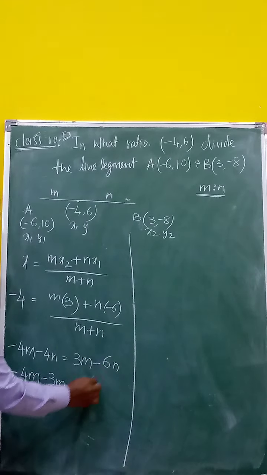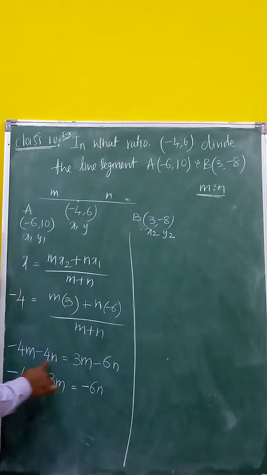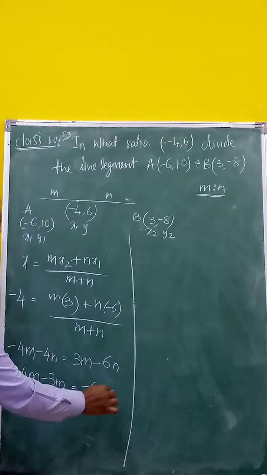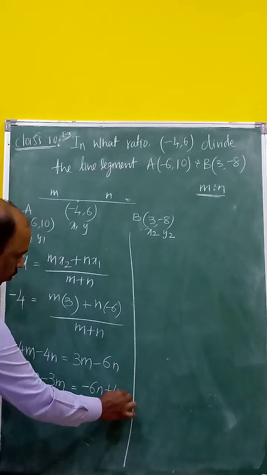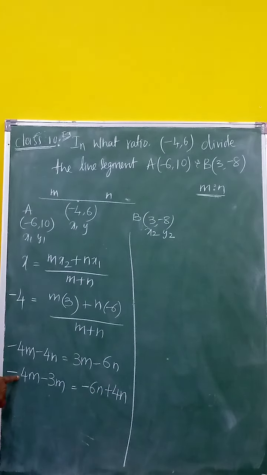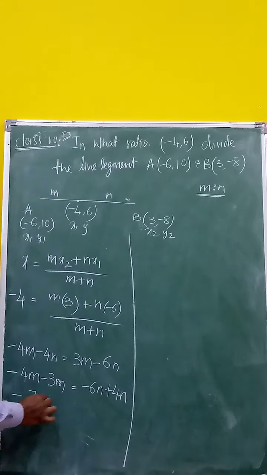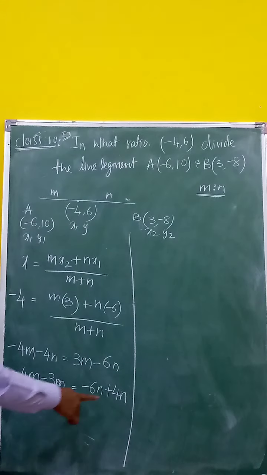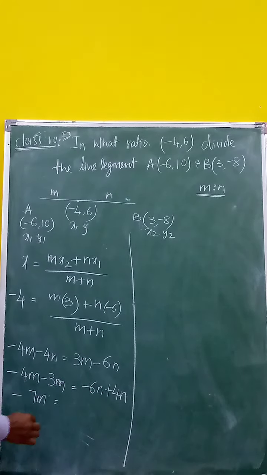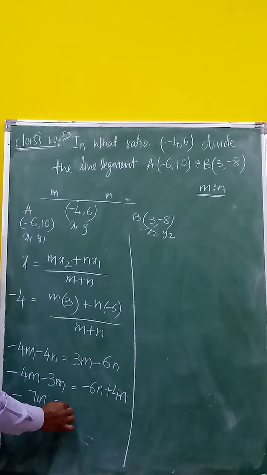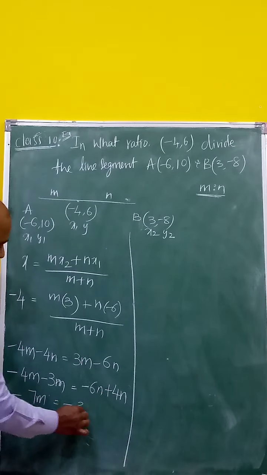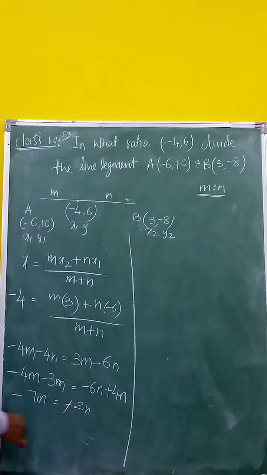Here minus 6n, no change. Minus 4n transposed to the right side is plus 4n. Minus 4m and minus 3m, what is the answer? That is minus 7m. On the right side, 4n minus 6n. What is the answer? It is minus 2n. Minus cancels.